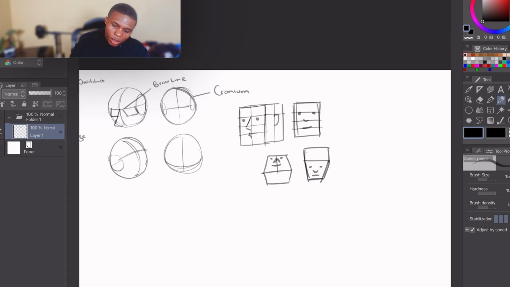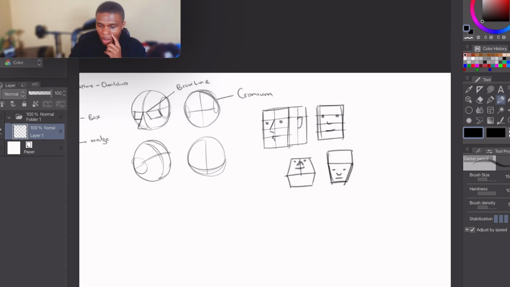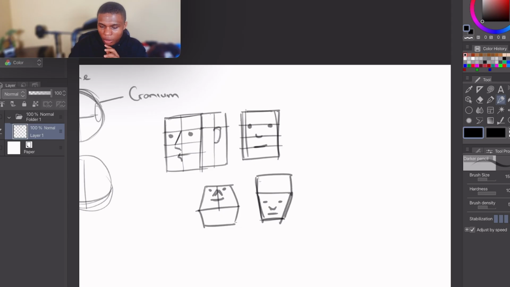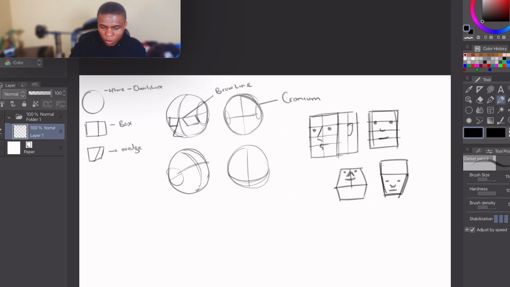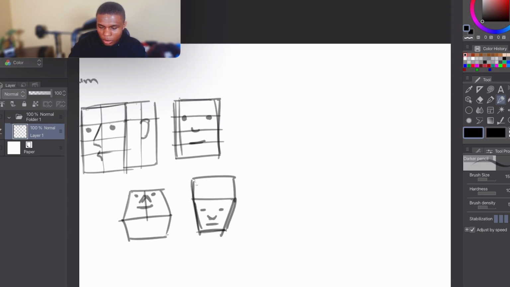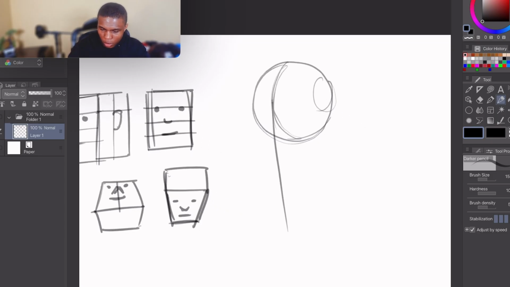So using this simple box can be helpful, and the box, or wedge shape, can also be added when you draw the cranium. You add your center line like this, and then you add that wedge shape, which is going to be like this.